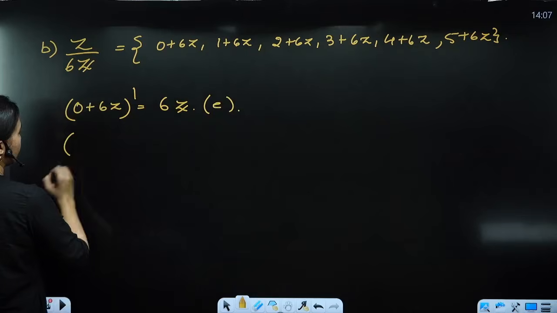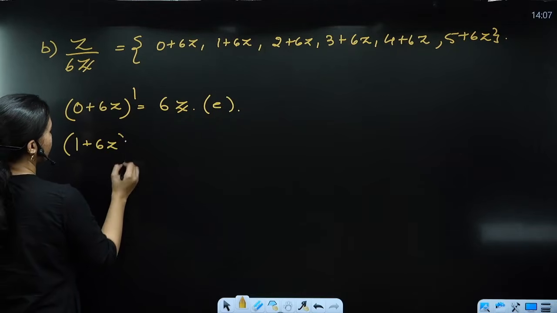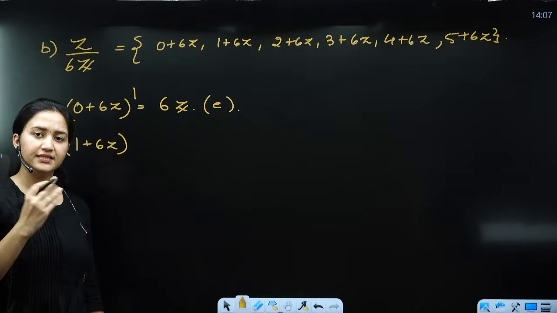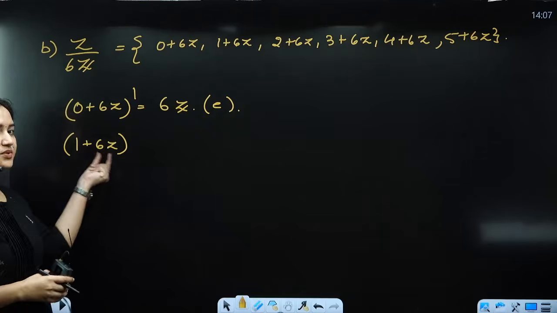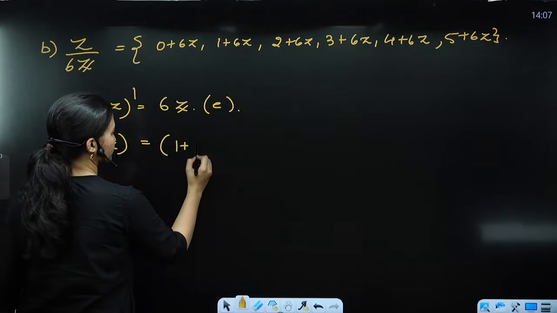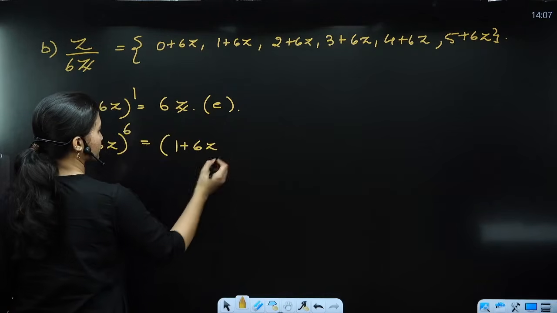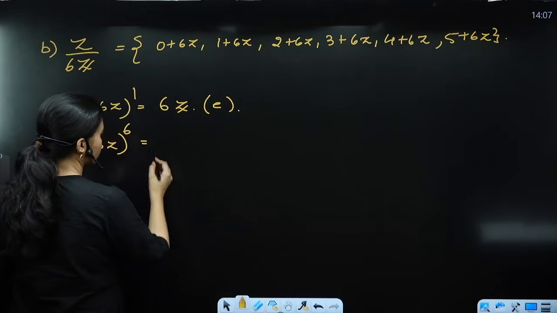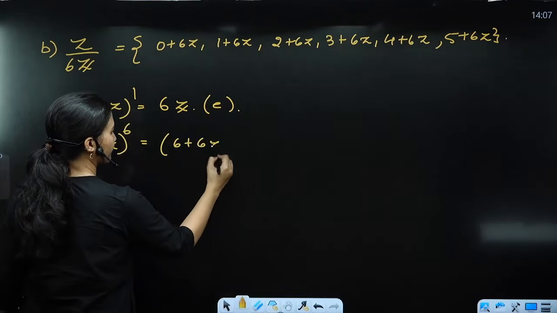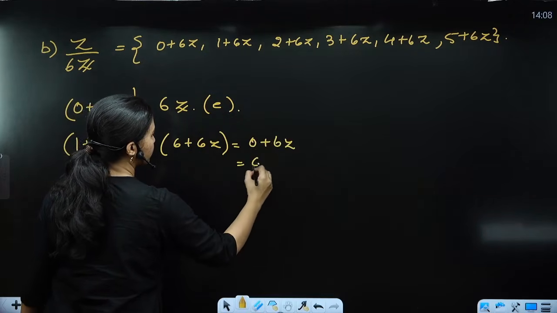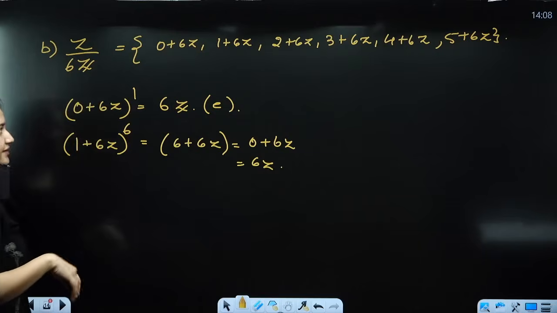Now let's say we have 1 plus 6Z. So how many times do I need to operate this element with itself such that this integer gets merged into 6Z? That is going to be 6, which gives you 6 plus 6Z, which is again 0 plus 6Z, so this is the identity element.